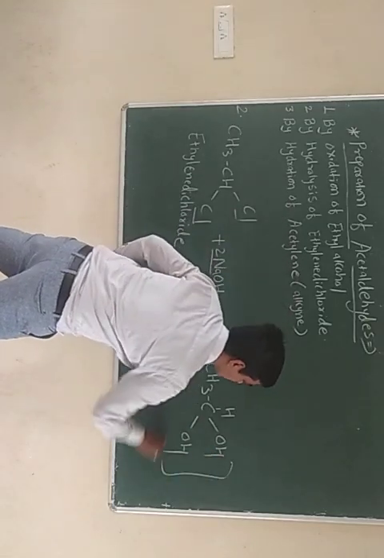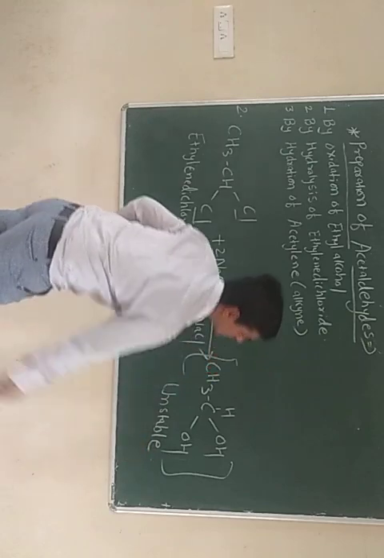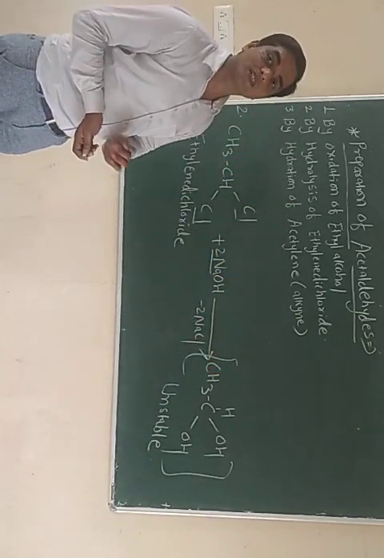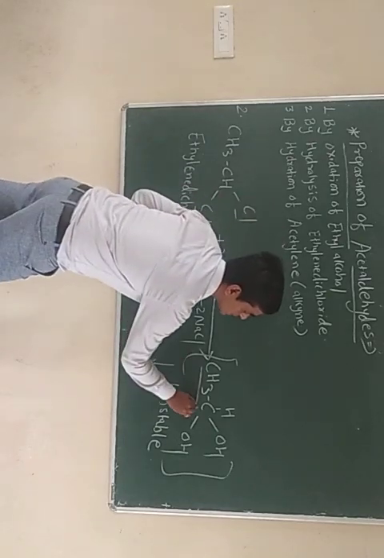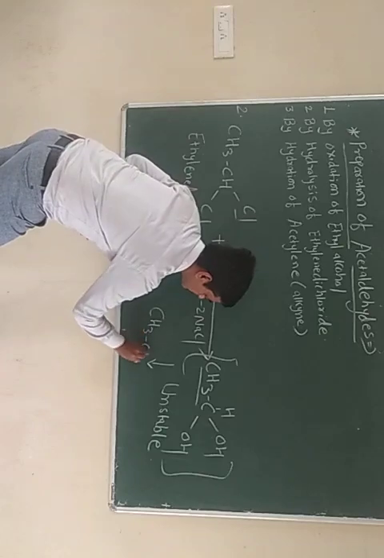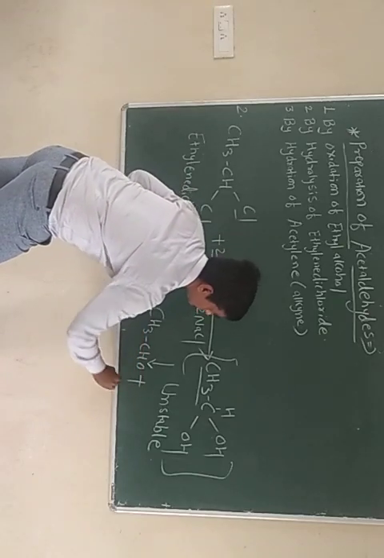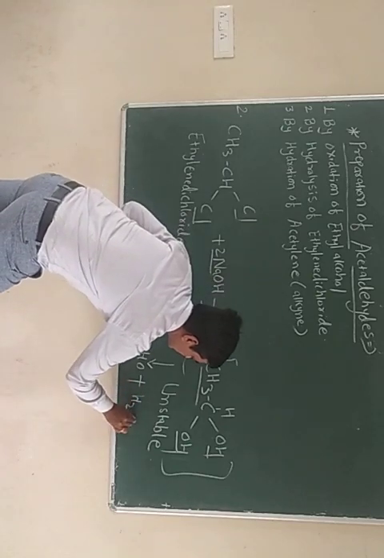This is the unstable structure. This unstable structure after rearrangement gives rise to CH3CHO plus H2O.